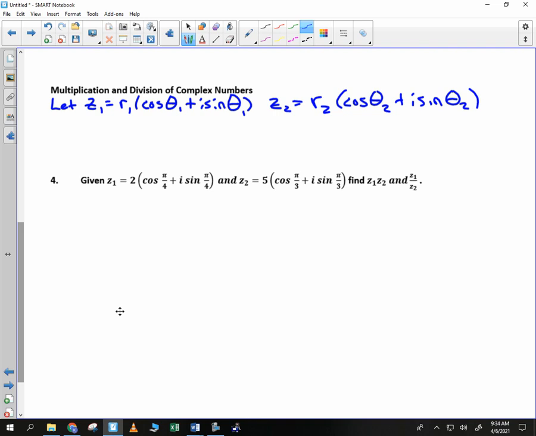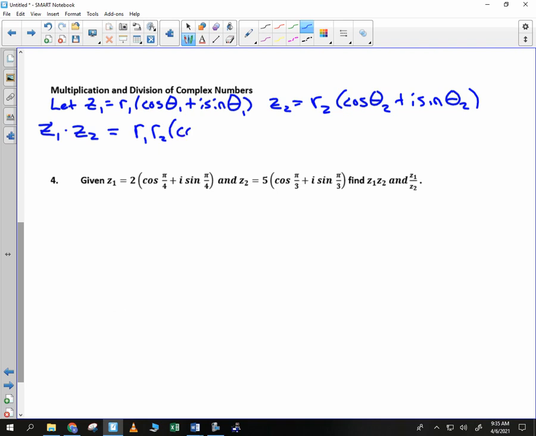So we've got two trigonometric numbers here. Suppose that you want to multiply them. You take z1 times z sub 2. What you do to the r values is you multiply them. Is that easy enough?